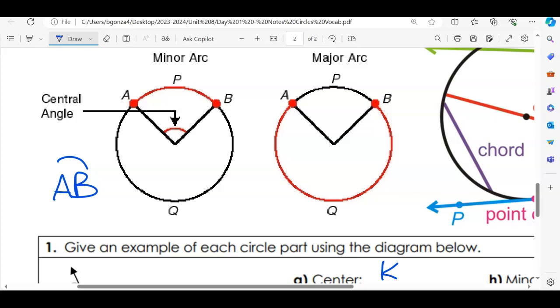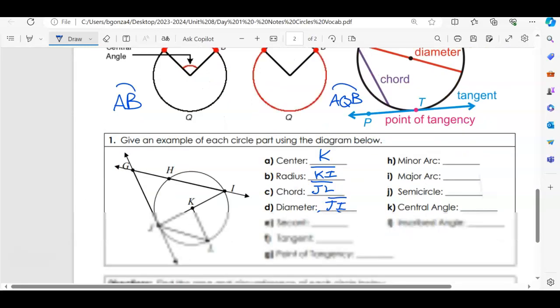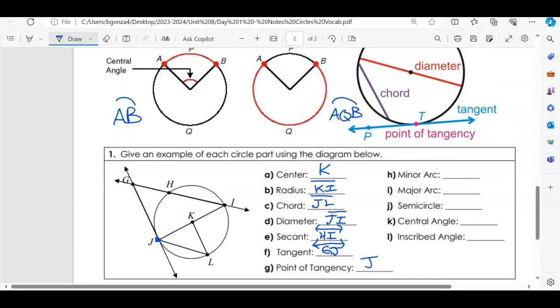But same picture, going the other way, the major arc is AQB with an arc on top. Short distance is minor, 2 letters. Long way is 3 letters with an arc on it. That's the major.